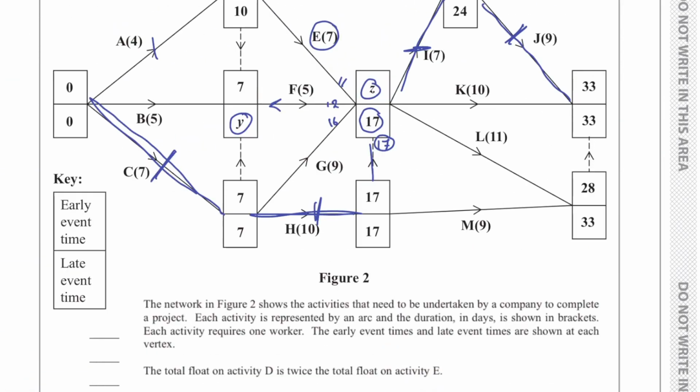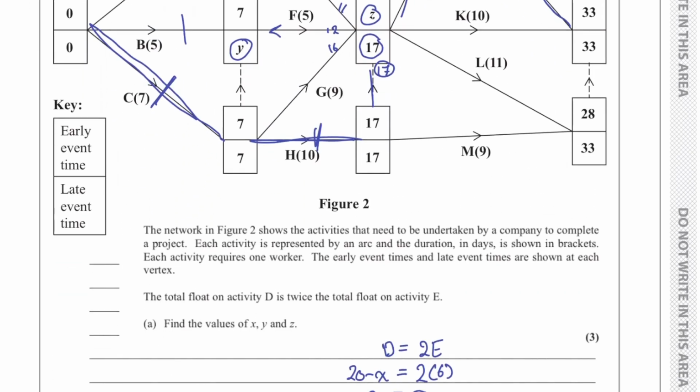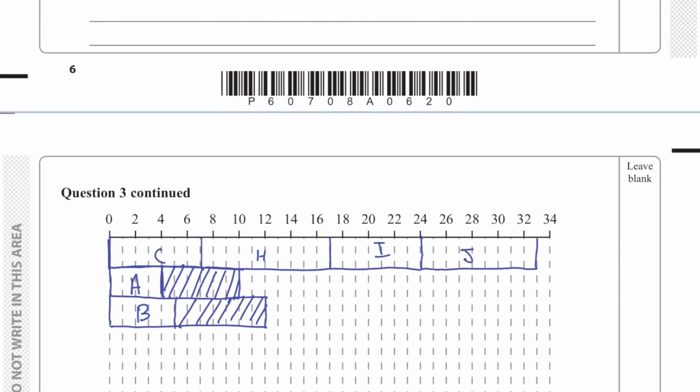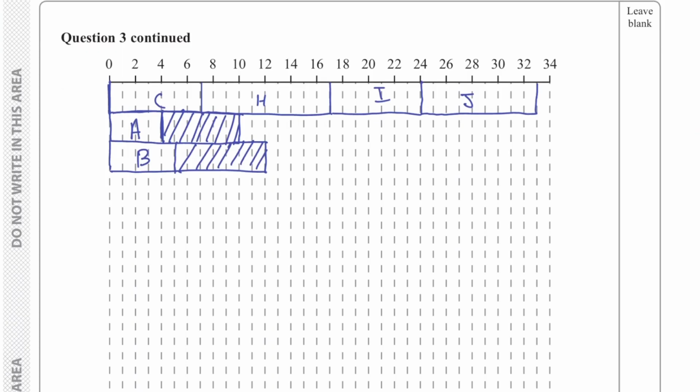D started at, what was D? Oh yeah, D was 8, I think. Yeah, D was 8. Starts at 4, ends at 24. It's a pretty long one.